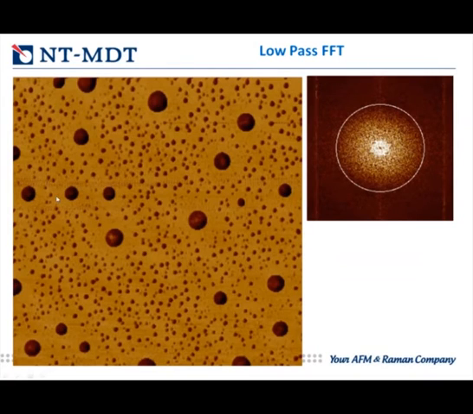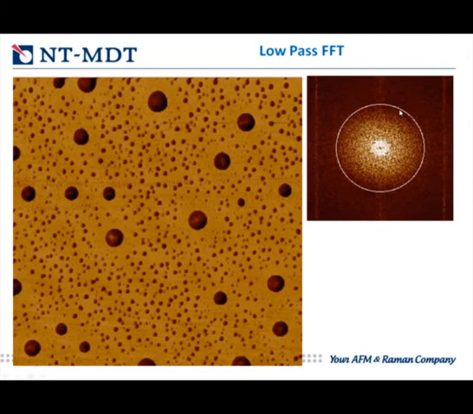So here is another image which also has some high frequency noise, and if we look at the Fourier transform image of this scan, we can see that in the middle we have a big number of frequencies which likely correspond to information in our image. And we also see some high frequencies which probably correspond to the noise.